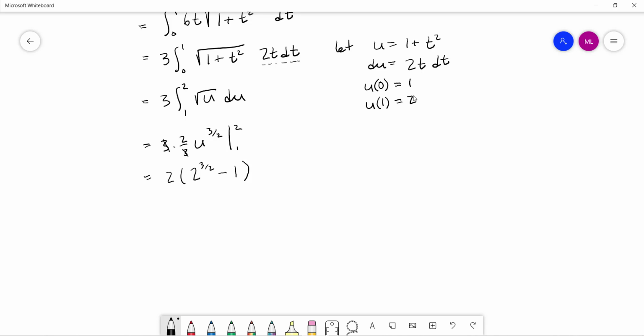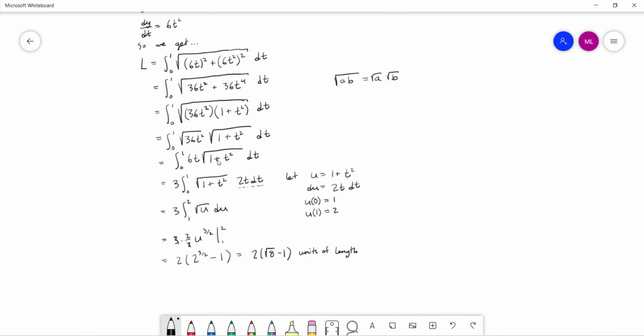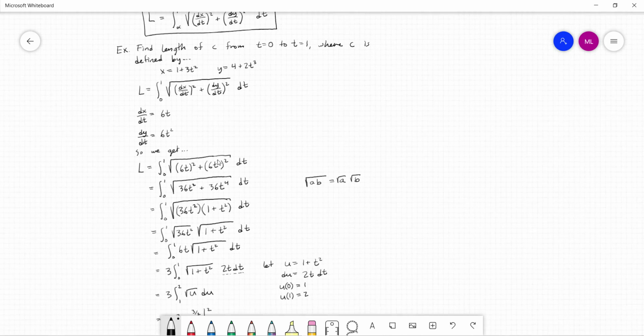However you want to write that, if I cube this, I'd get 8, and this means we're taking a square root, so you could write this as 2 times the square root of 8 minus 1. And this is in whatever units of length we're dealing with. If the original problem is in terms of inches or feet or meters, we'll have those same units, so we've got to keep that in mind.